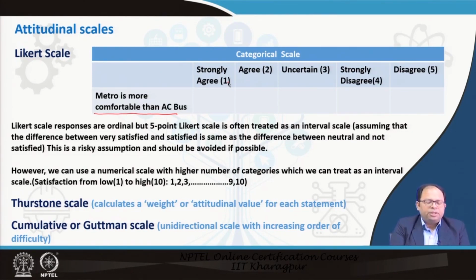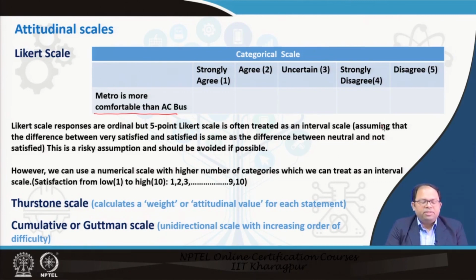When we measure attitudes, there is one problem that happens, because, as you can see, I've used numbers. Particularly in case of scales which have a lesser number of categories, for example a 5-point Likert scale, researchers often treat them as an interval scale.